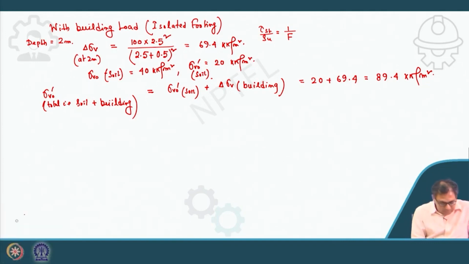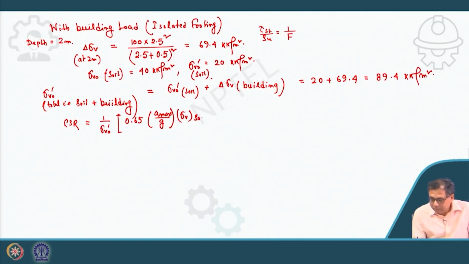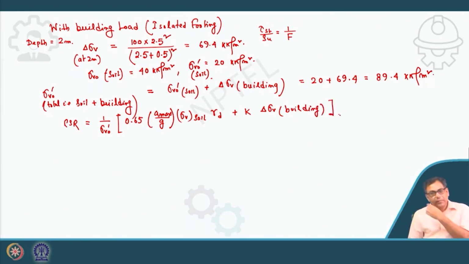Now I will calculate the CSR considering the building load. You know that it is 1 by sigma V dash into 0.65 mx by g into sigma V soil into RD plus K del sigma V building. That expression was given, the simplified way we can incorporate this.